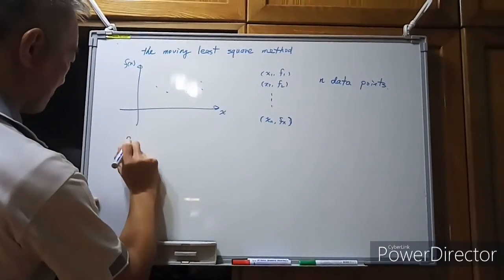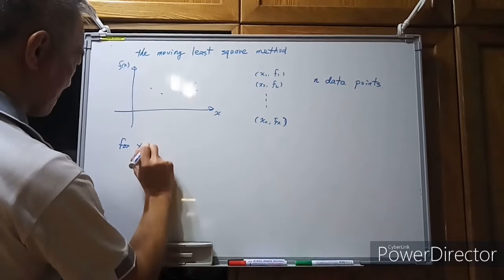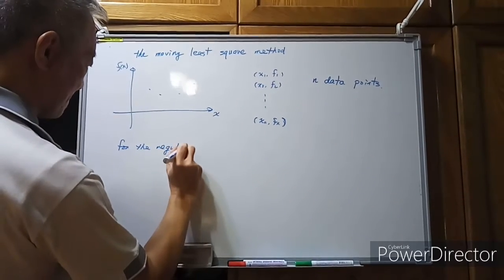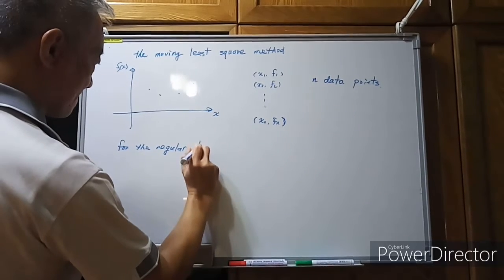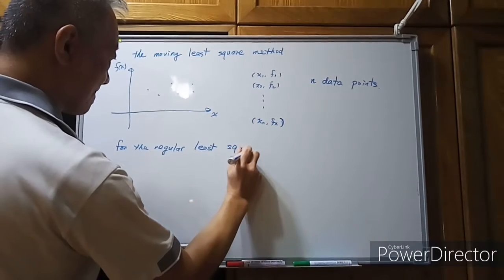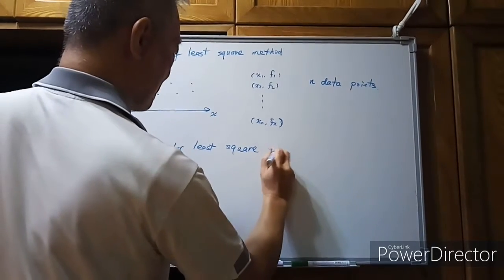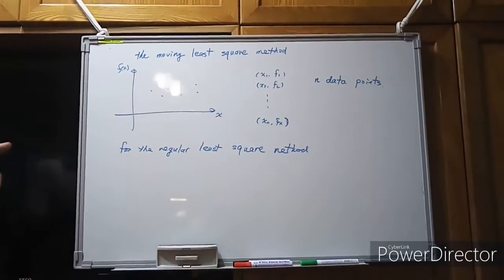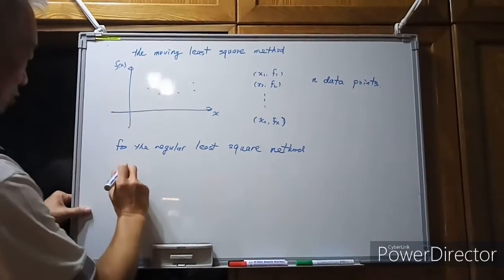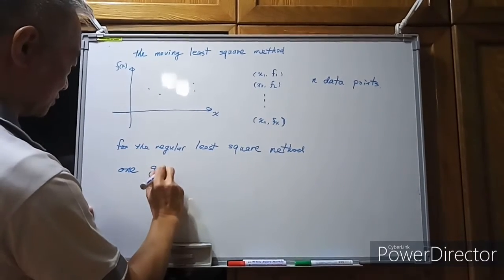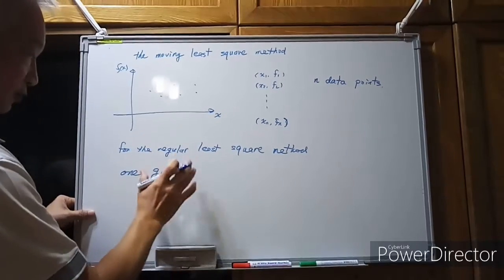For the regular least square methods, we try to find only one g of x function.